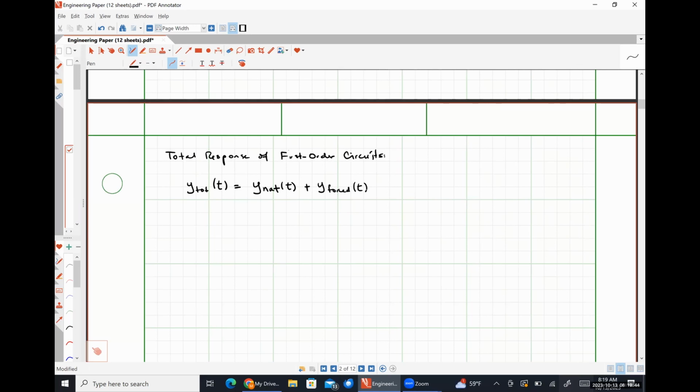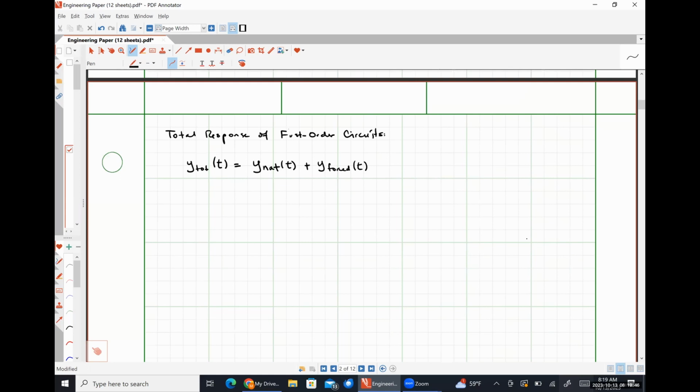So let's look at that simple RC circuit from the opposite perspective. Now, our switch is going to be closing at t is equal to 0.